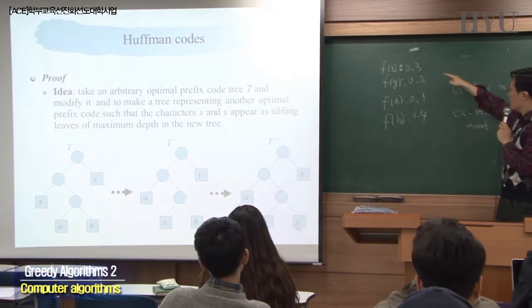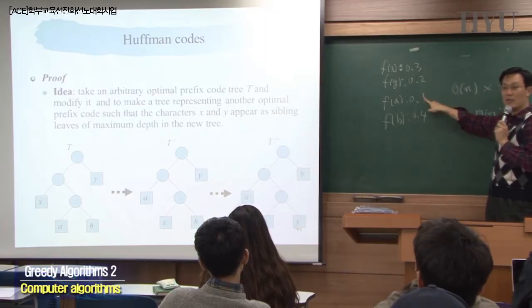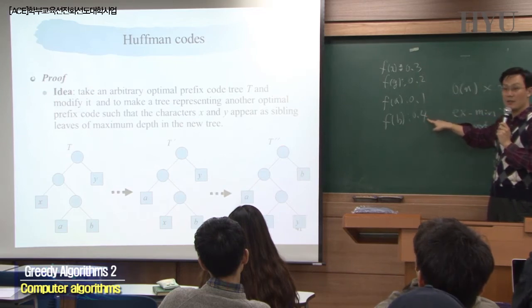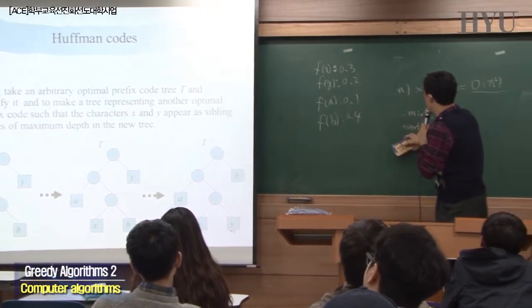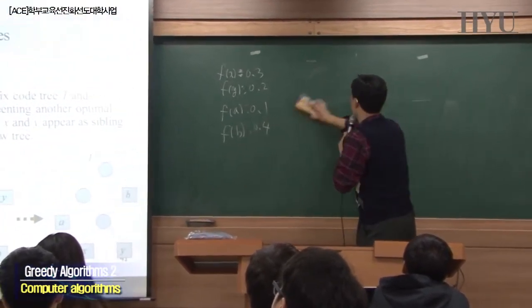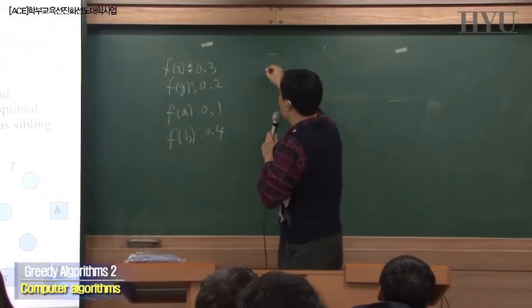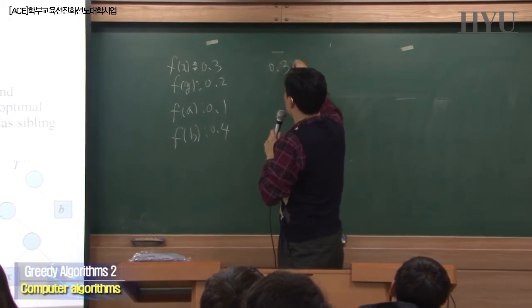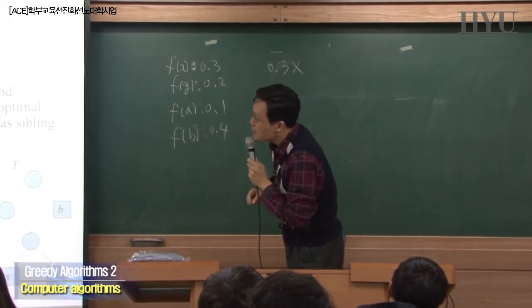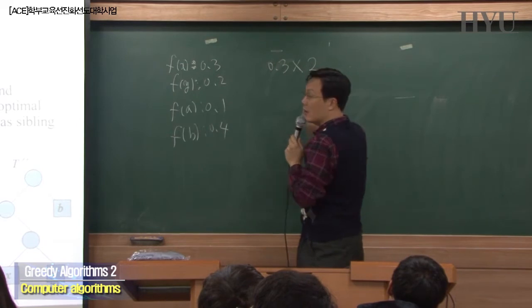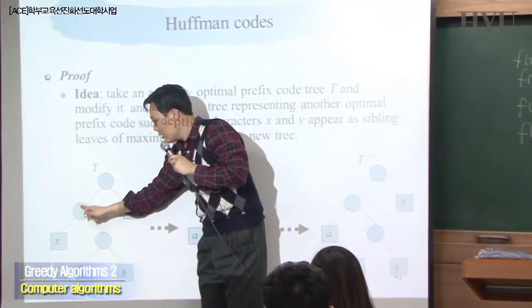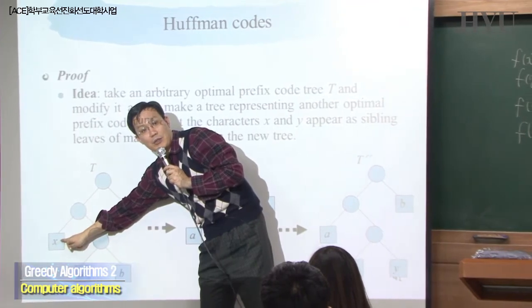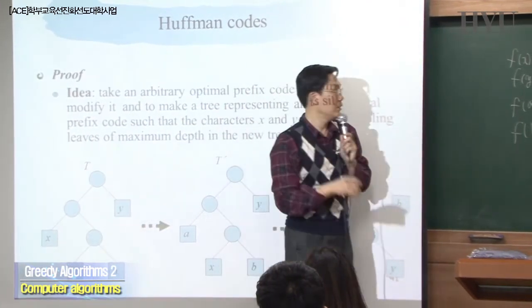Okay? 30%, 20%, 10%, and 40%. Then the cost of T is the frequency of x times the depth of this node, which is 2.